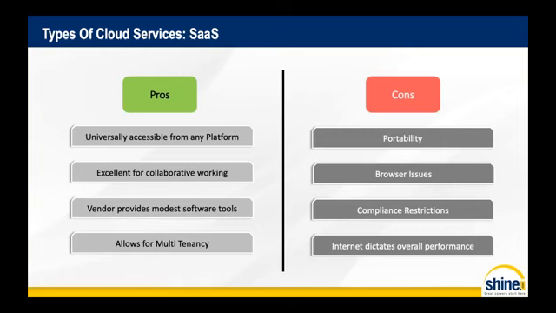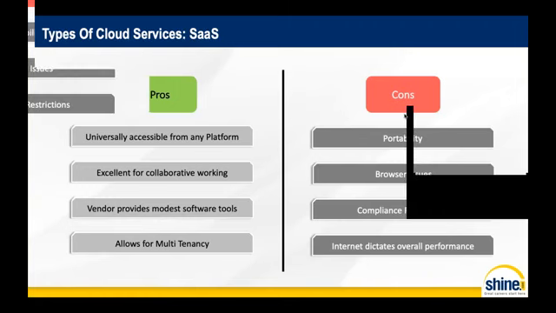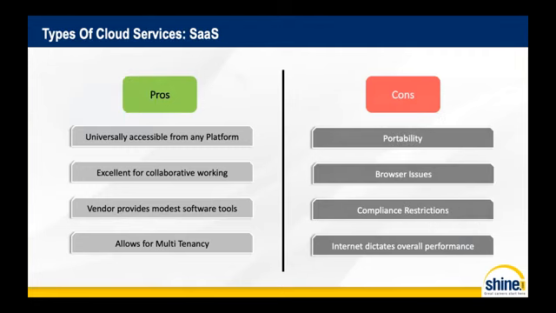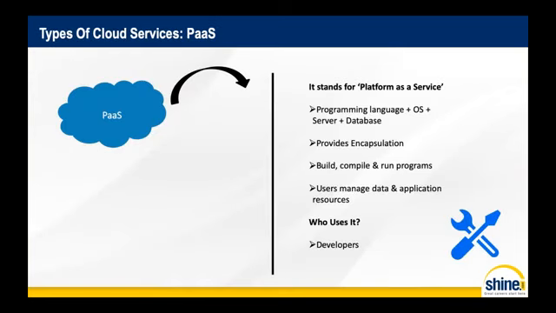Okay. All right. So with this, I will move forward to the next one, which is PaaS. PaaS is your platform as a service, and you will also get options where you can select the OS and the language in which it is going to be developed and deployed, and it also comes with different flavors of databases that you can use.